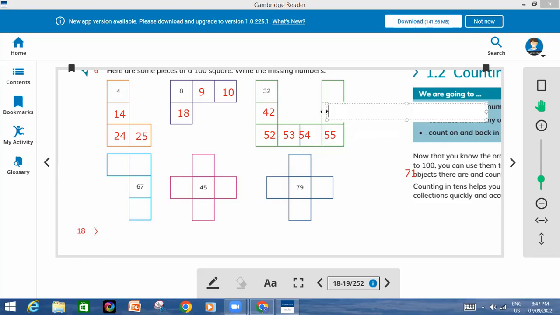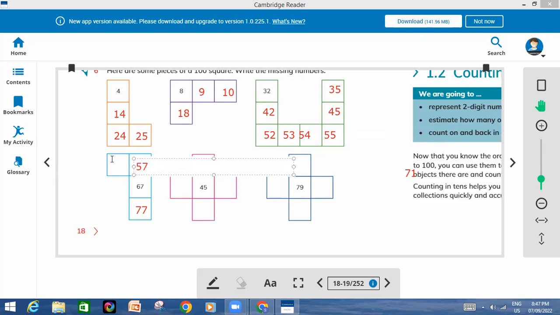Then we have here, when we are moving up, we are going to minus 10 to find the number that was in the column. Here, it is easy. Again, we are going to add 10, 77. When we are moving up, we are going to less the number, so it will be 57.